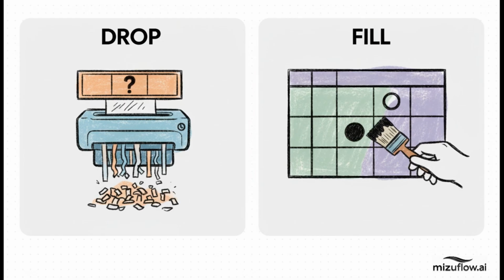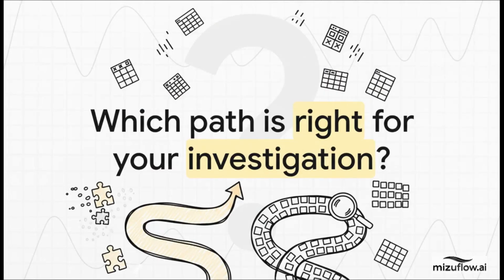On the other hand, you can fill it. This is more of a smart repair, where you replace the gap with a logical value. That way you get to keep the rest of the row's information. So the big question is, which path is the right one for your investigation? And honestly, there's no single right answer. It all depends on your specific case. How much evidence can you really afford to lose versus the risk of accidentally altering the facts?